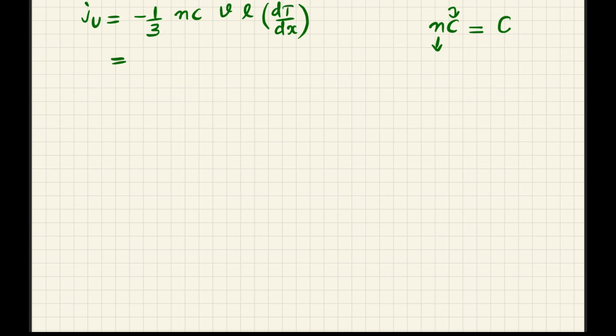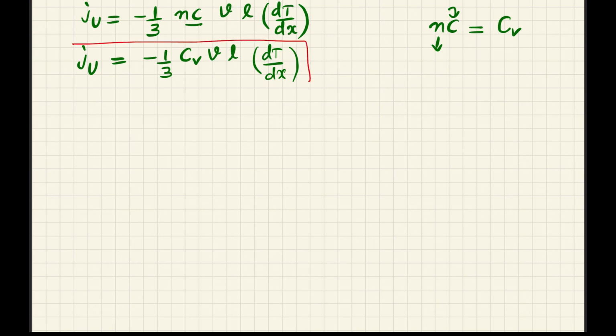Okay, or you can write C_V. So -1/3 n c I am writing as C_V, v L dT/dx. So you got an expression for the flux of thermal energy.